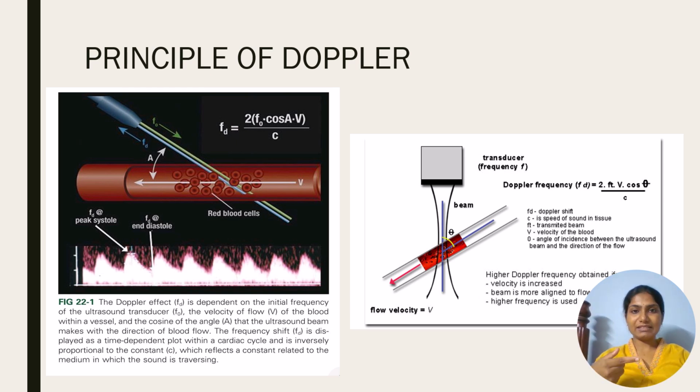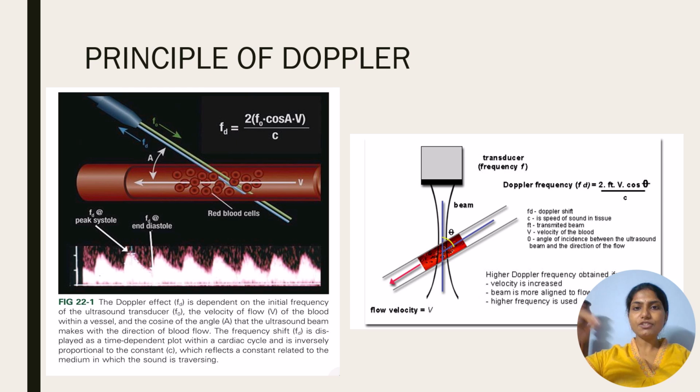I will tell once again. When the ultrasound beam is going and insonating the blood vessel, it strikes the RBCs which are moving in the blood vessel. Once it strikes, the beam gets reflected, which is again picked up by the machine. So there is a transmitted frequency and there is a reflected frequency.